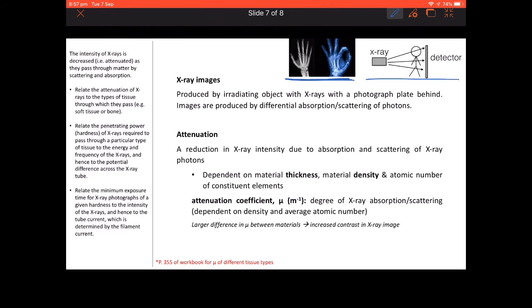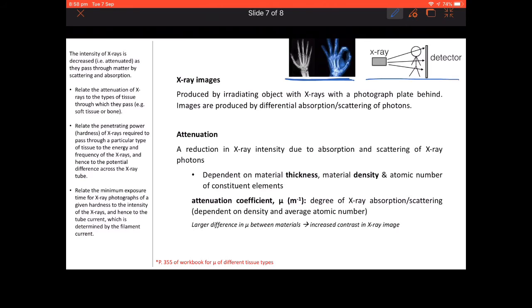Attenuation is the reduction in X-ray intensity due to the absorption and scattering of X-ray photons. So bone is going to attenuate X-rays more. This is dependent on material thickness, material density, and the atomic number of constituent elements.